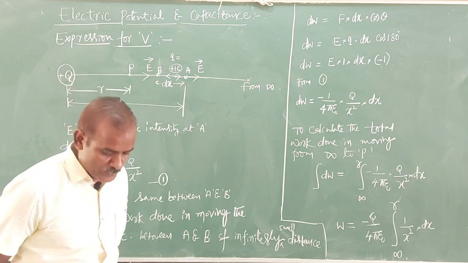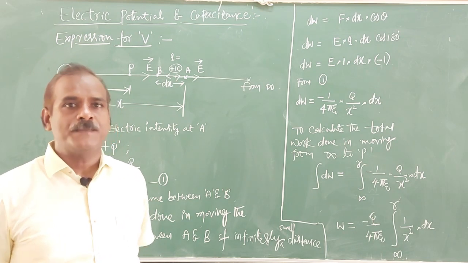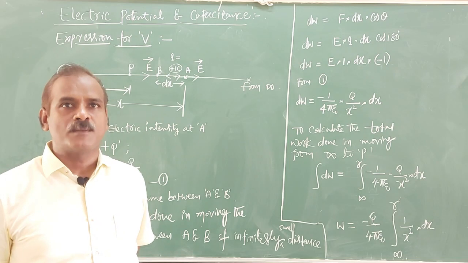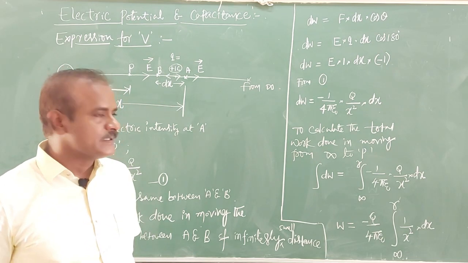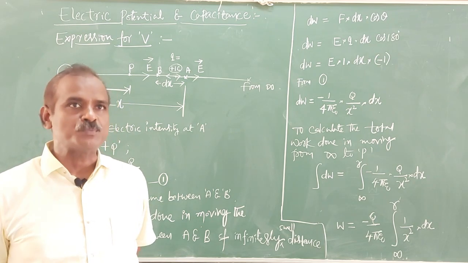Now what is integration of 1 by x square? x square is taken to the numerator, x to the power minus 2. You can apply the formula x to the power n plus 1 by n plus 1. You will get x to the power minus 2 plus 1 divided by minus 2 plus 1.